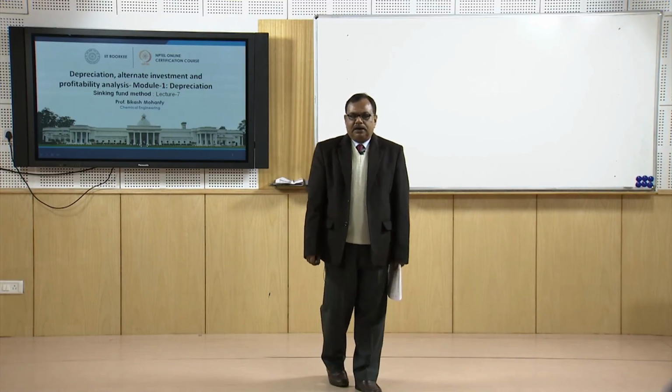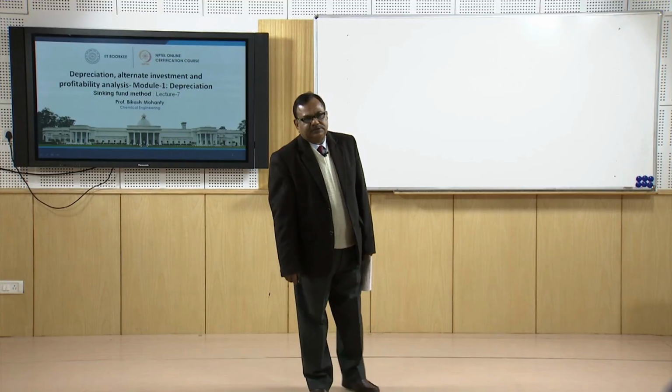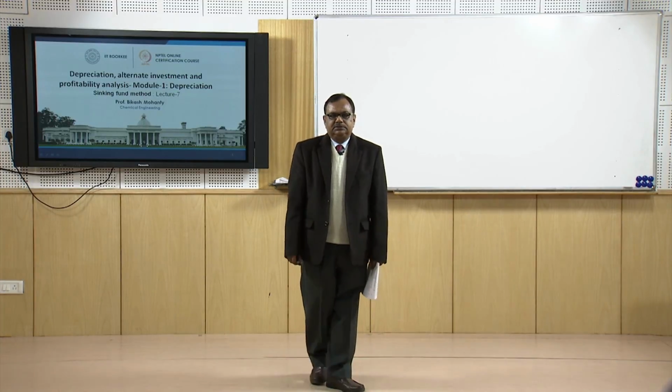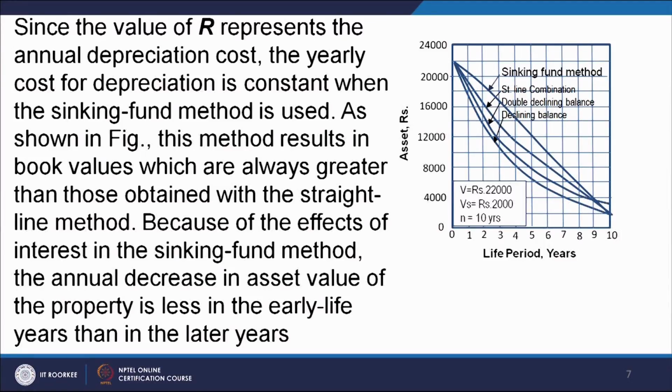Since the value of R represents the annual depreciation cost, the yearly cost of depreciation is constant when the sinking fund method is used, as opposed to the earlier methods which do not use the time value of money, like the sum of the years digit method and double declining balance method.